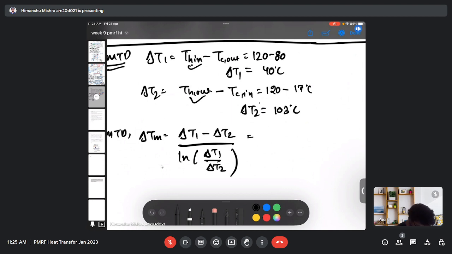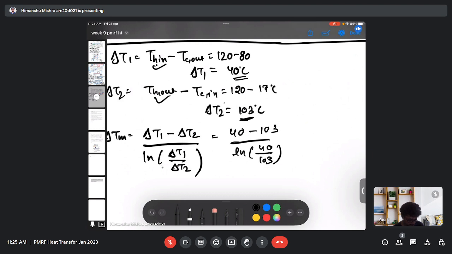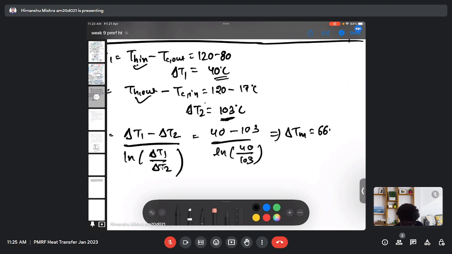My ΔT1 was 40 and ΔT2 was 103. So on calculating, my log mean temperature difference is 66.6 degrees Celsius.